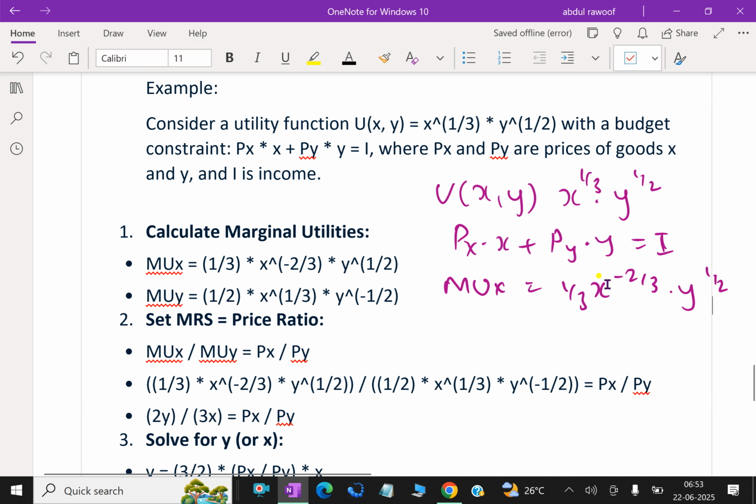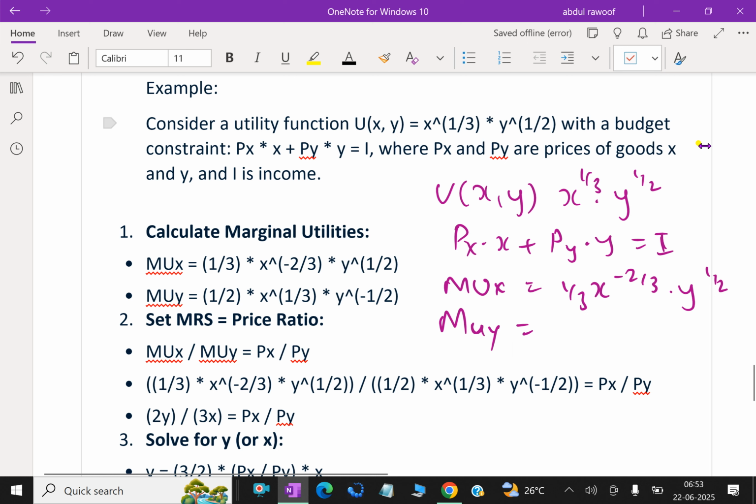That means x is a variable. Consider this a partial derivative. x is the variable and y is treated as a constant. Similarly, MUy is the differentiation of this function with respect to y, treating x as a constant.